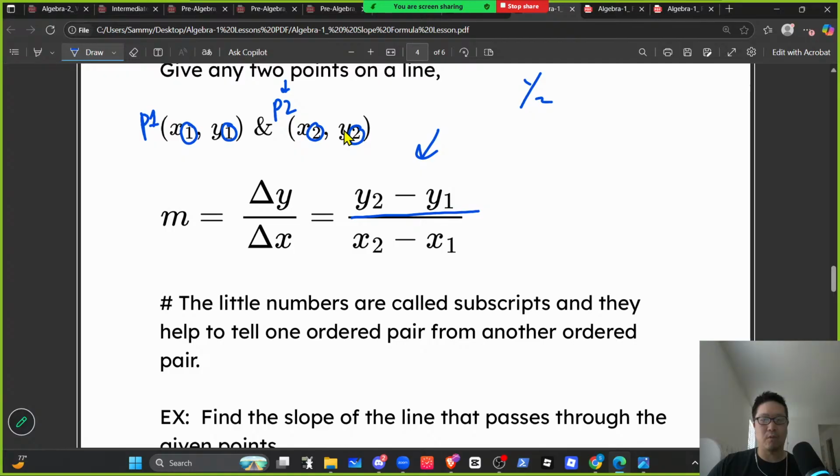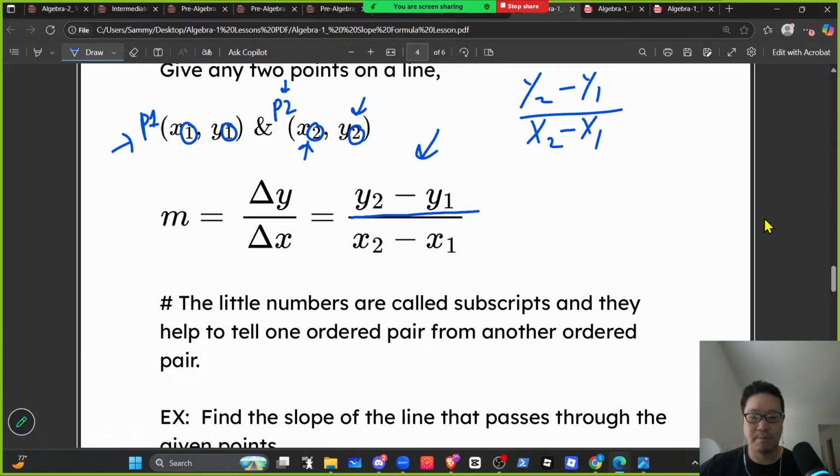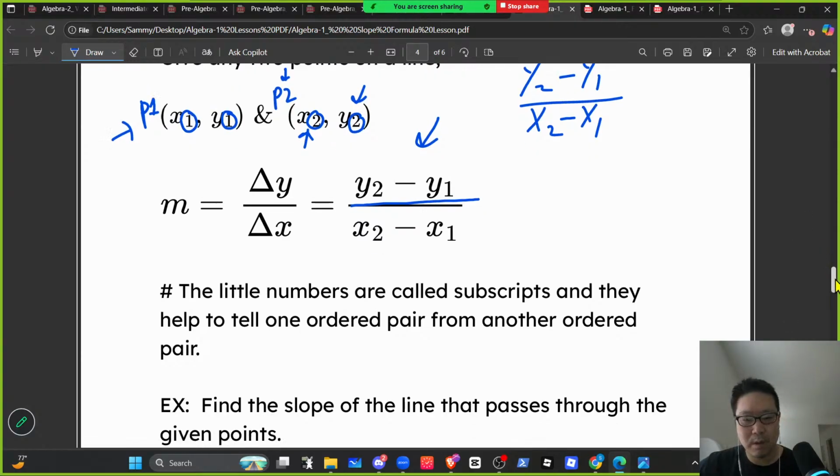So you're doing y sub 2 minus y sub 1, and then for the denominator, you would start with this as well, x sub 2 minus x sub 1. If you had started with point 1 instead, you would flip it. So it would be y sub 1 minus y sub 2 over x sub 1 minus x sub 2.